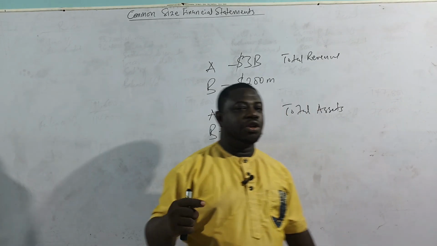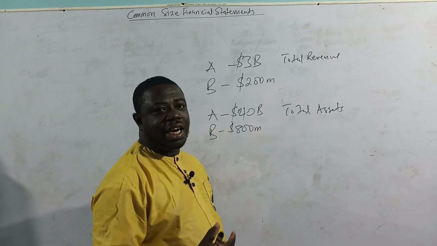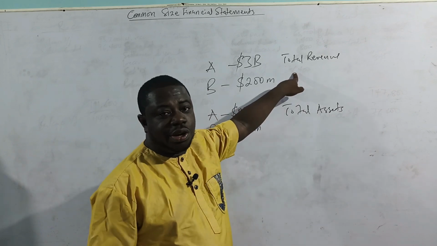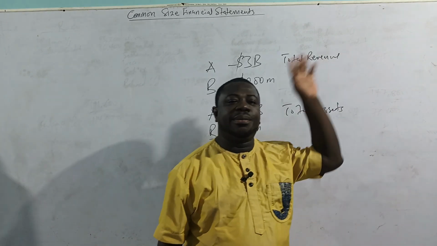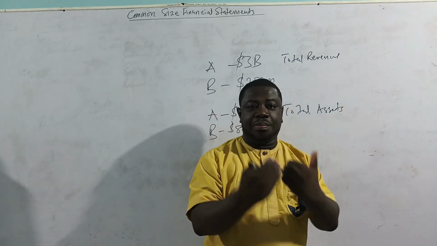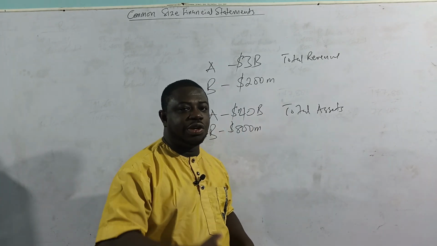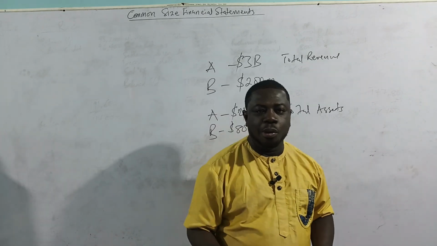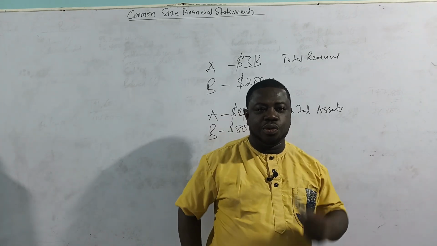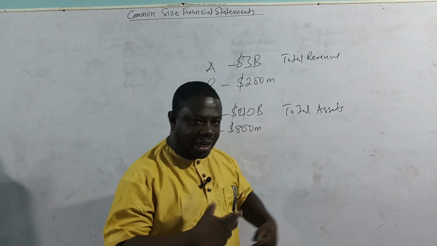When it comes to the statement of profit or loss and other comprehensive income, our point of reference is always the revenue. All items on the statement of profit or loss will be compared against revenue to determine the percentage of revenue that it is. So we can say that cost of sales is 60% of revenue, operating profit is 30% of revenue, net profit after tax is, let's say, 20% of revenue. That is what we say.